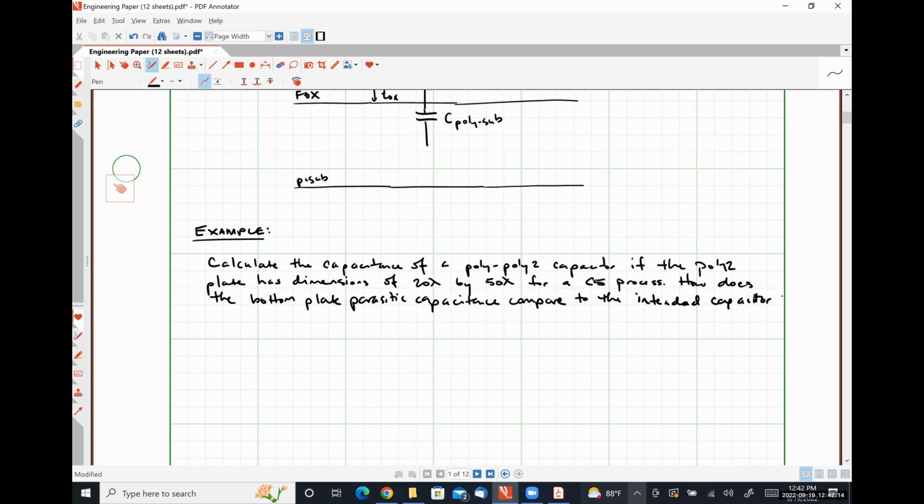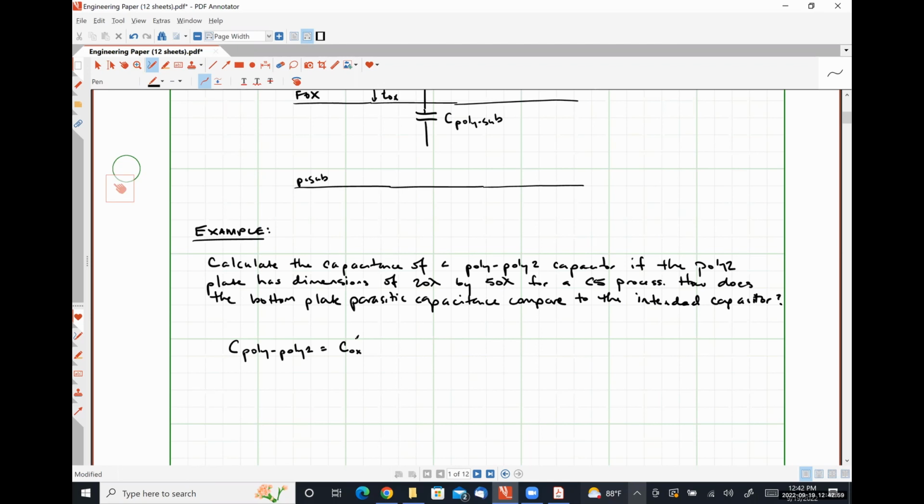So we're going to make a couple of assumptions here. The first of which is that our poly 1 plate is going to be as small as it can physically be while still maintaining the proper design rules. Okay. So if our poly to poly 2 capacitor, if our poly 2 plate is 20 lambda by 50 lambda, then we would see that C poly 2 is going to be, I'm going to call Cox prime for this particular layer.